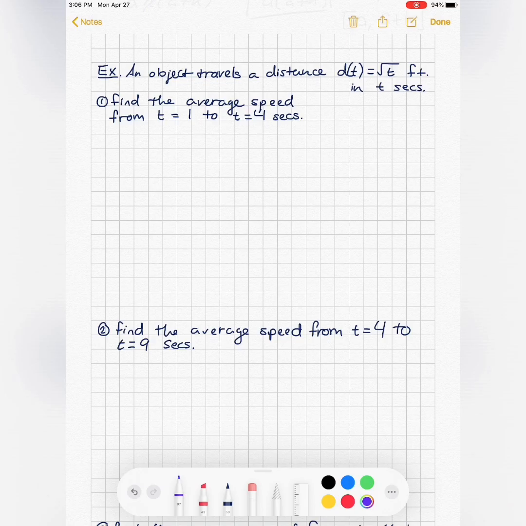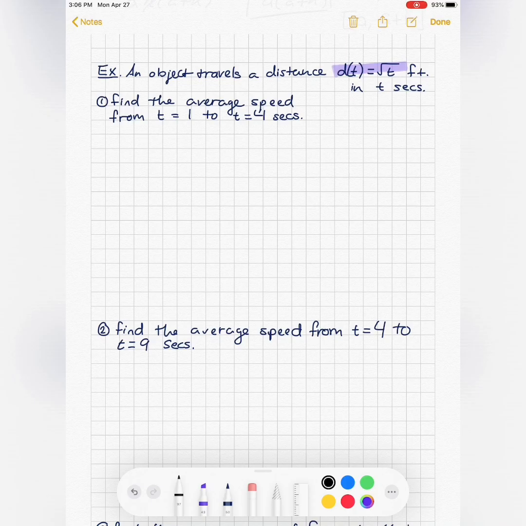Find the average speed from t equals 1 to t equals 4 seconds. So in other words, we're finding the average rate of change of this distance function between 1 and 4. So same thing we've been doing.